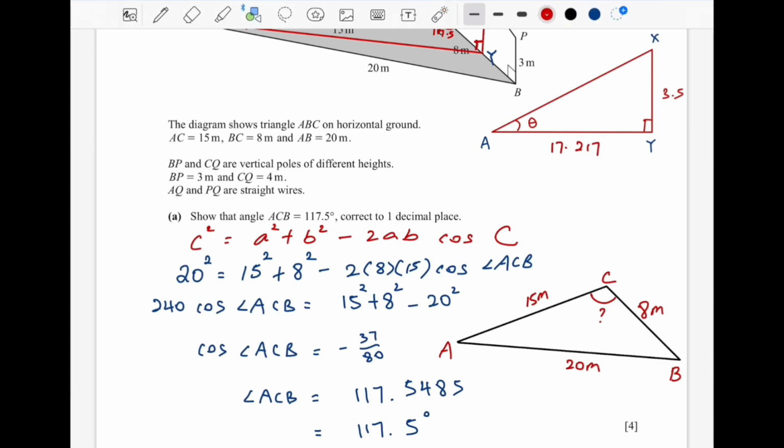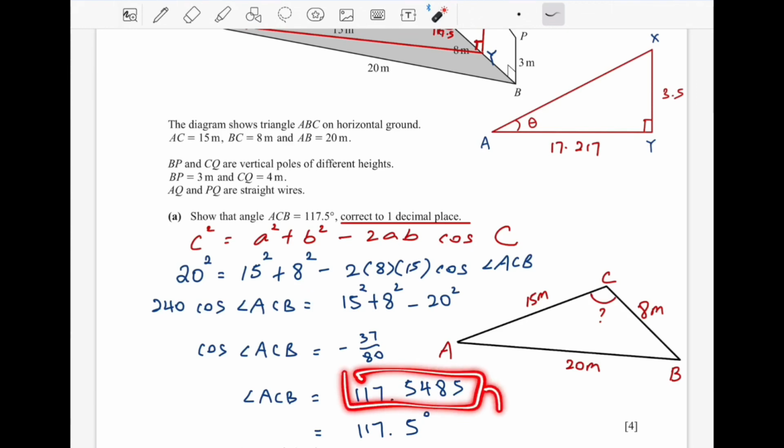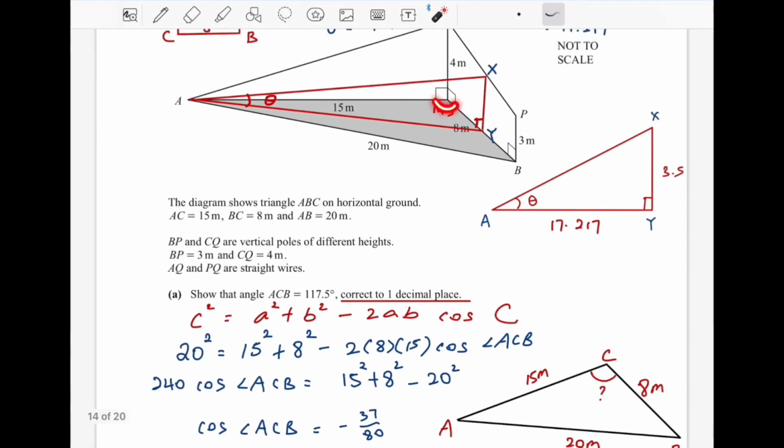Since I mentioned this before, whenever you need to correct something to a certain accuracy, first you need to show that it is 117.5485, and from here you must show your steps corrected to 1 decimal place. So you must show this and then this as a final answer. So that's how you show that this angle is 117.5.